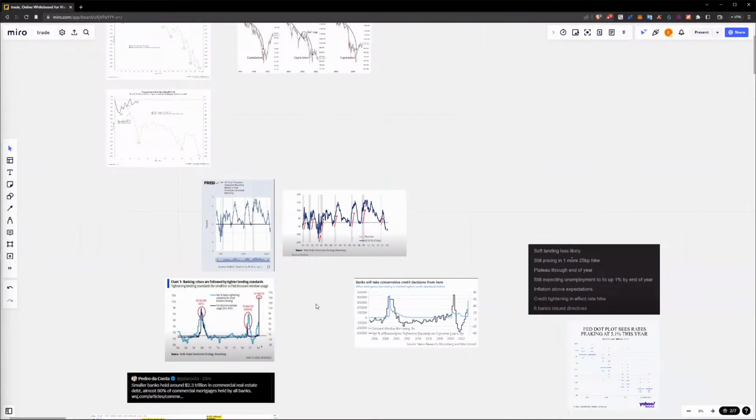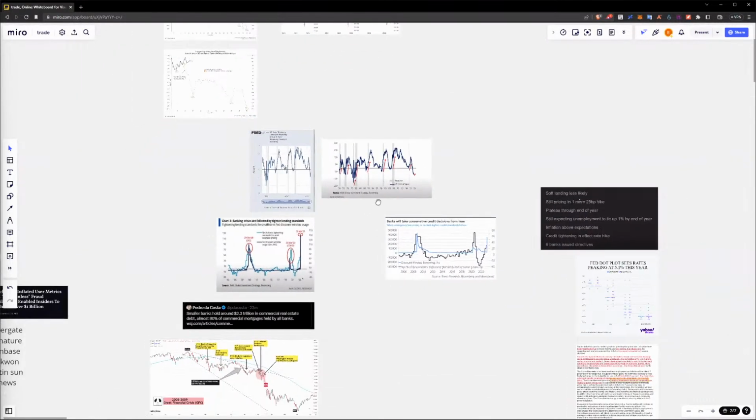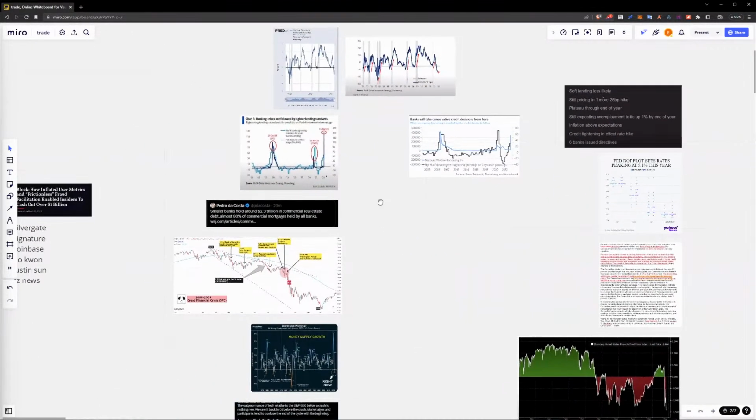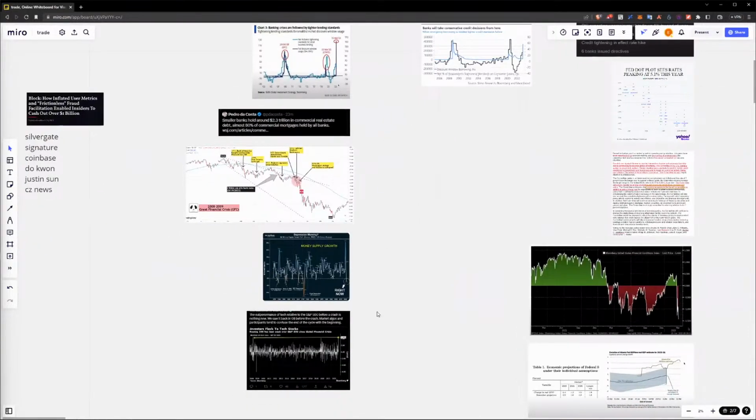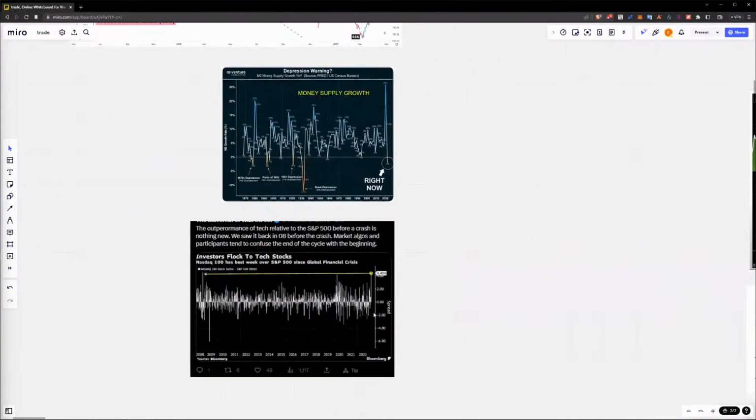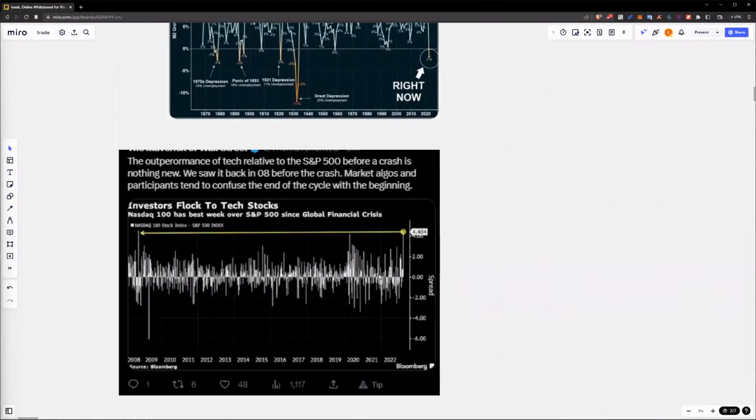So we have two cases for the bears. And then we have this, right? This performance of the Nasdaq that I showed previously on the charts, also these small touches, this is a small touch at 2008, and this is a small touch at 2020. And now we are there, and you see the headlines.